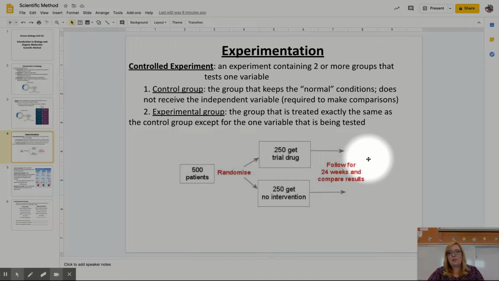We follow those two groups for as long as we have to. And then we find out, did that drug really make a difference compared to the group of people who didn't get the drug? And that, again, would have to be statistics. Is the difference between getting the drug and not getting the drug statistically significant? So it has to have significance in math in order for that to be approved.